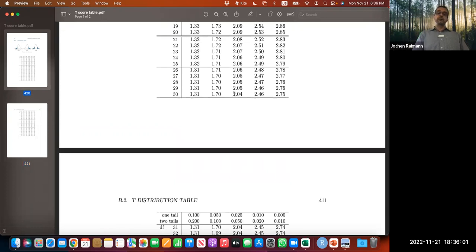So at 30, you hypothetically could get away, and this is generally accepted by statisticians, with z-statistics if you have a sample size greater than 30. Because with 2.04, you're close to the 1.96, and it doesn't make that much of a difference.